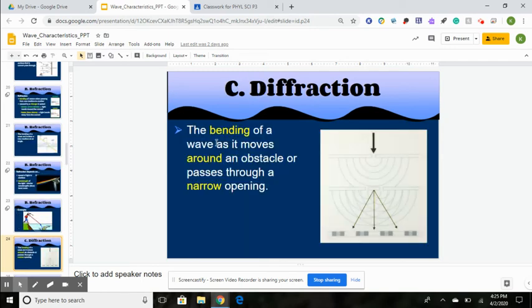Diffraction is the bending of a wave as it moves around an obstacle or travels through a narrow opening. This would be like if you used a flashlight through a panel with a slit or a couple of slits. You're going to see the light travel through those slits at different angles.